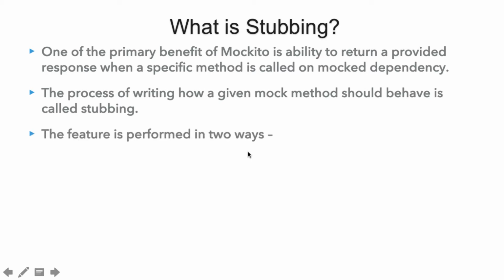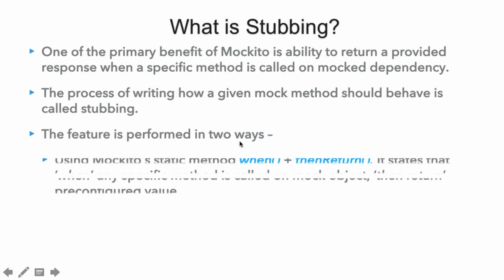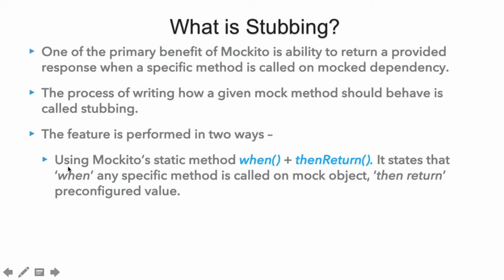At a higher level, stubbing is usually performed in two ways. The first way is using Mockito's static method when along with thenReturn. In our previous lecture we saw a simple example where we used when and thenReturn. This combination states that when a specific method is called on a mock object, then return a pre-configured value or response.